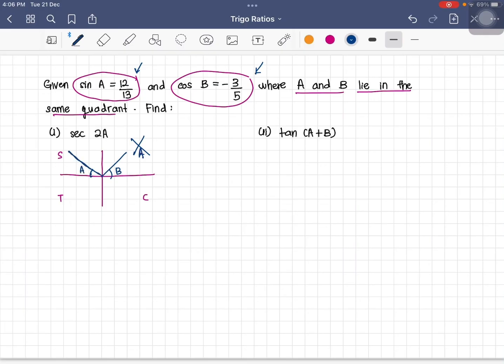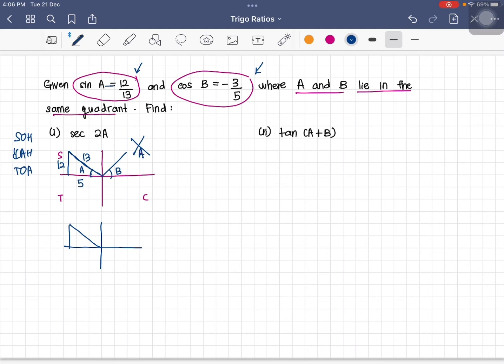Suppose you have sine of A, so let me write SOH, opposite over hypotenuse, which is 12 over 13. So 5 should be here. And for the second one, for B, because they lie in the same quadrant, it's better to draw this on another diagram of the quadrant.